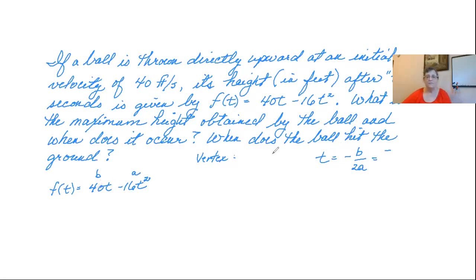So B is 40, so negative 40 over 2 times A is a negative 16. Negative 40 over a negative 32, they both divide by 8. The negatives will cancel out and make it positive, so that would be 5 over 4. So 5/4 seconds. So the t value from the vertex is 5/4.